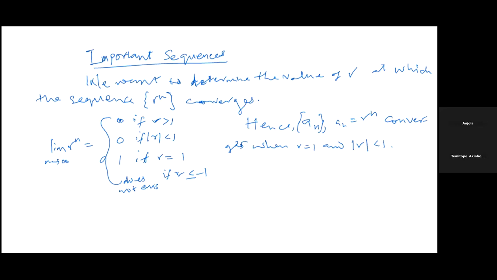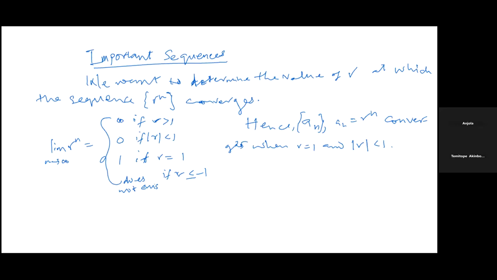In other words, you take positive values that are less than 1 and you evaluate the limit, it will be 0, convergence. When R is 1, the limit is 1, it converges. So when R is greater than 1, the sequence will diverge because the limit tends to infinity. And also when R is less than or equal to minus 1, the limit does not exist. Hence, the limit diverges when R takes that value.